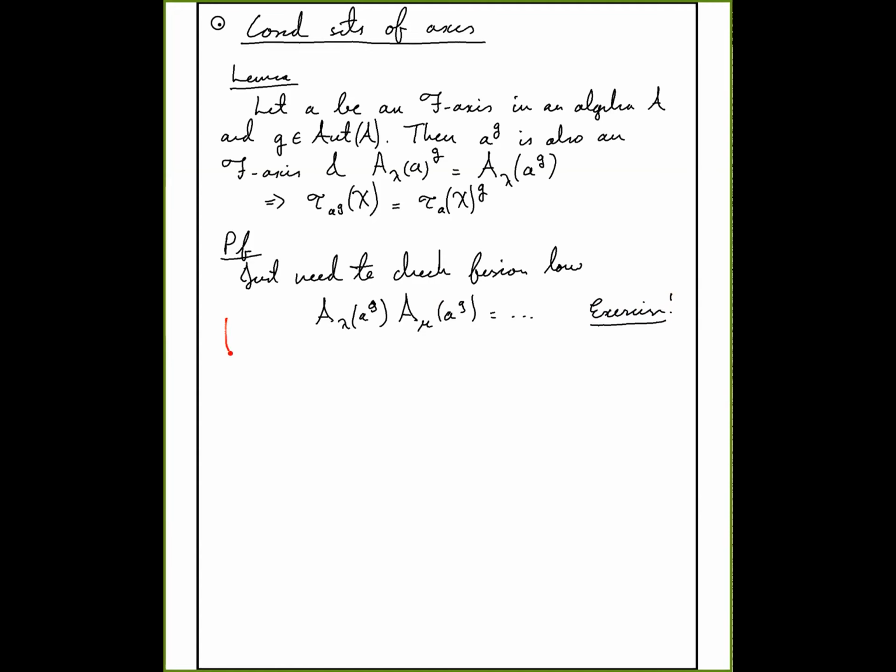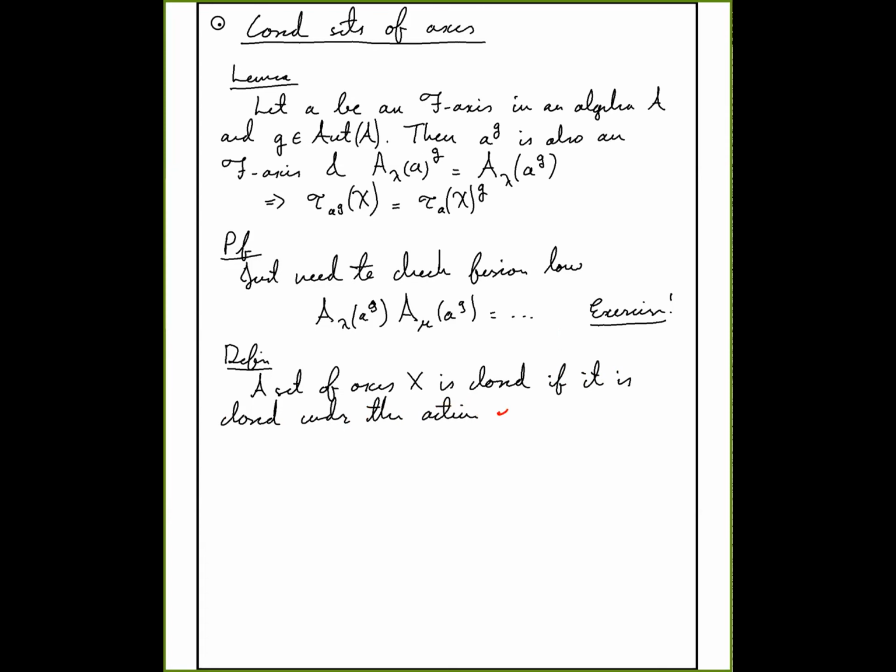Okay, but now that I've got that, I can make a definition. So I'm going to say a set of axes X is closed if it is closed under the action of the Miyamoto group.